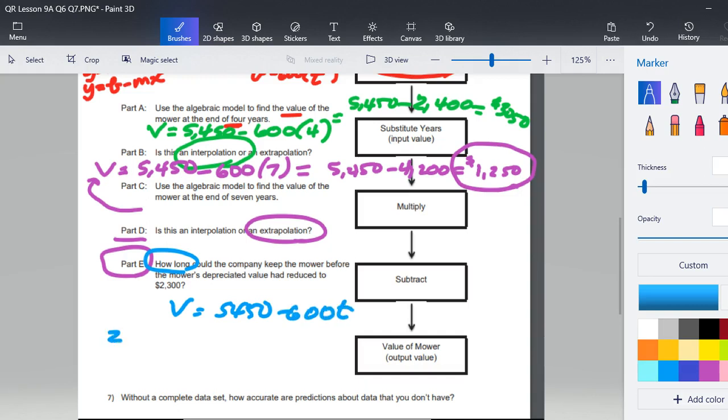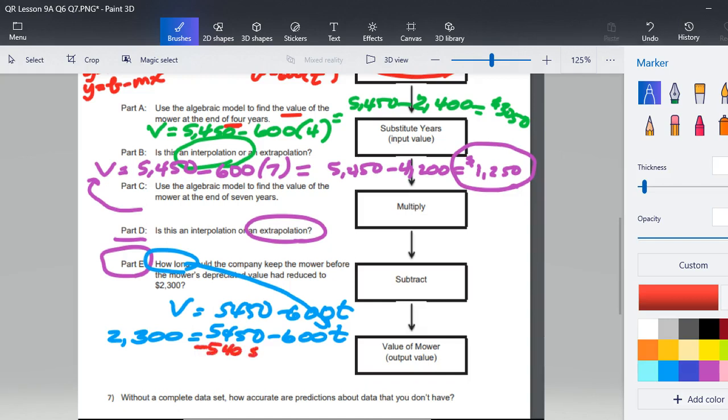And this time it wants to know if the value is 2,300 with all of the other parts of our equation, it wants to know how long. When is the time going to be, or what is the time going to be when our value is at $2,300? So some simple, nice, non-scary algebra.